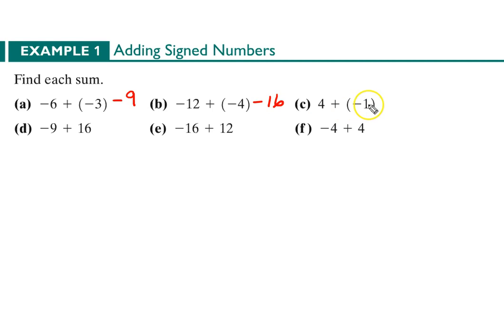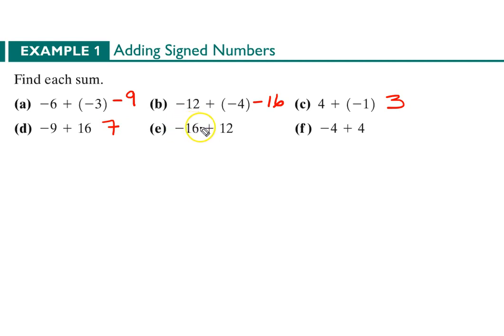Now one's positive, one's negative, so we're doing subtraction here. This will be a 3. Again, subtraction of the negative from the positive, and that gives us a positive 7. Now here the negative value is bigger.